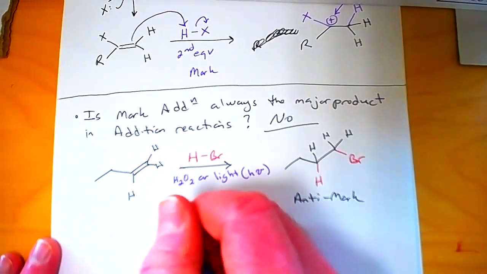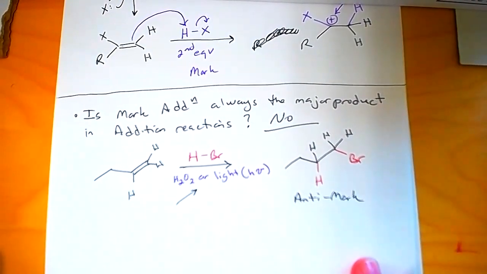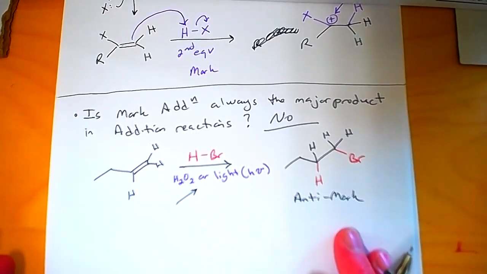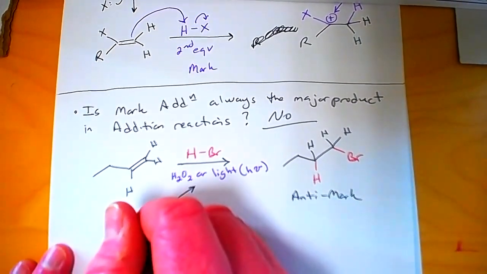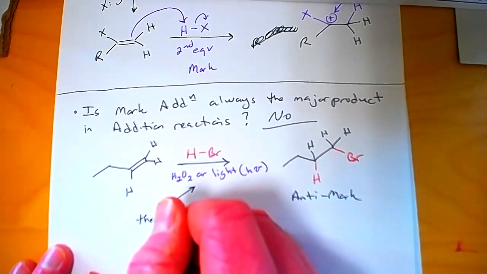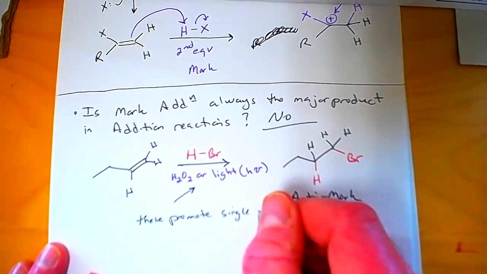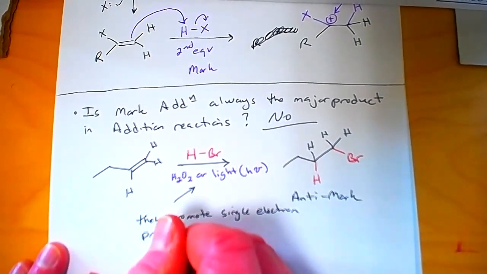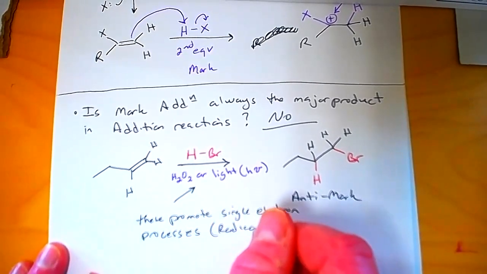So now the question is, how do those conditions result in this completely different regiochemistry? Well, the reason is because the mechanism is different. These promote what we're going to call single electron processes, or a radical mechanism.